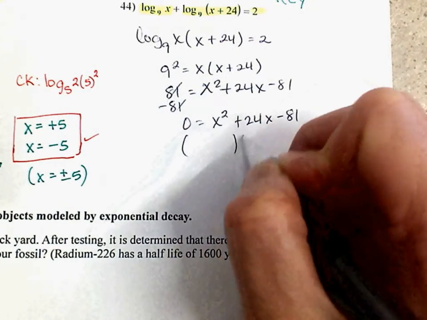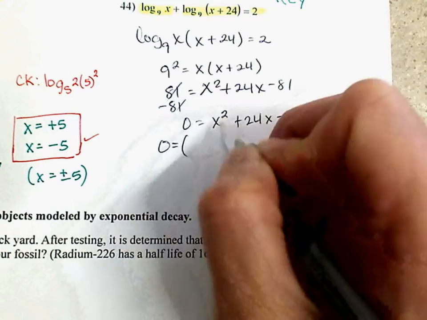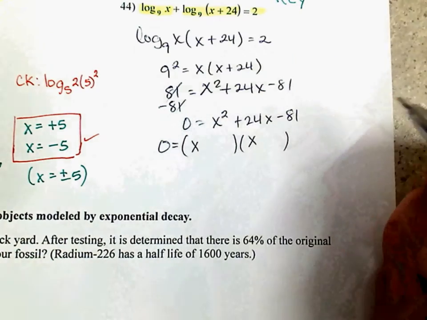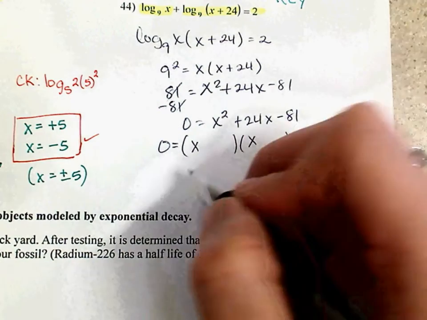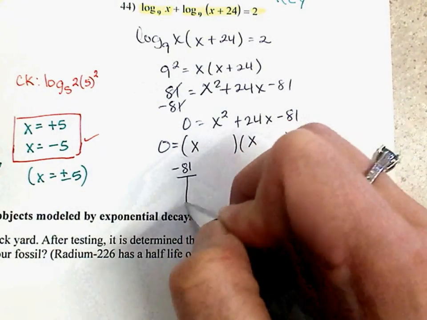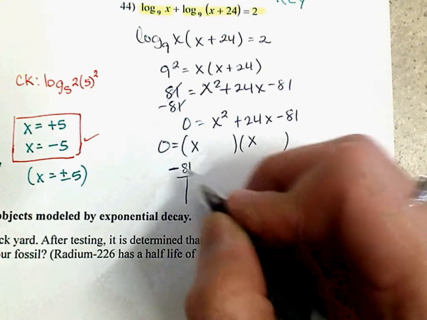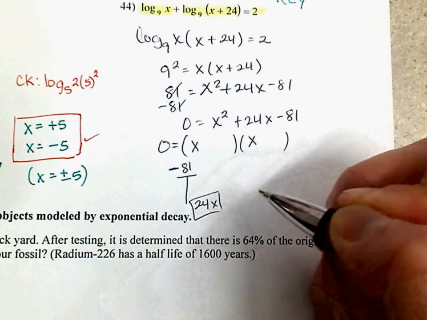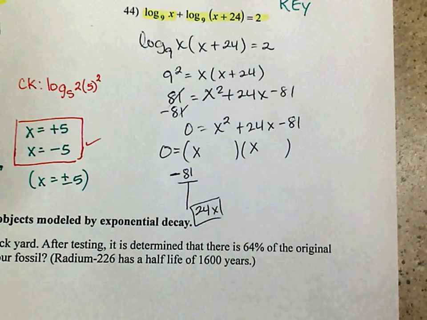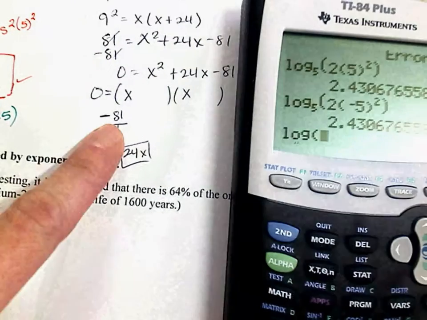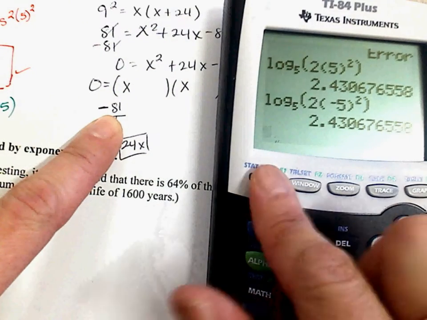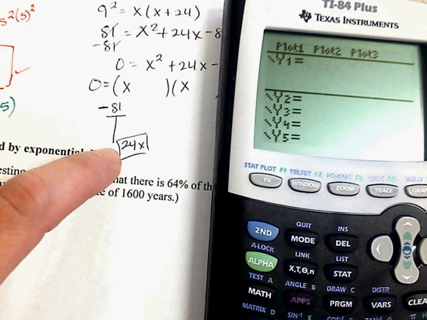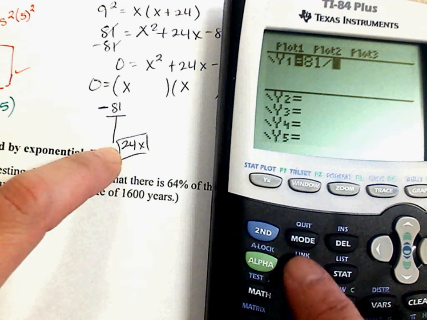So I'm going to factor. Factors of x squared is x and x. What 2 numbers multiply to give you negative 81, and subtract to give you positive 24x? If you don't know your numbers well, you can go to y equal and type 81 divided by x, just like that.